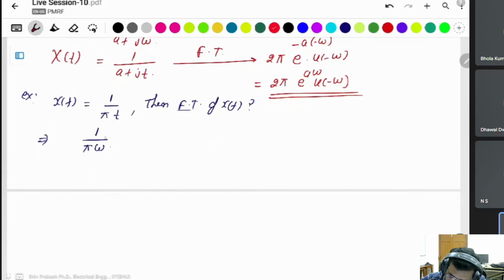Then check whether you remember any signal which has a Fourier transform of the form 1/ω. If you don't remember this one, then there is a problem. Signum t has a Fourier transform of 2/(jω).